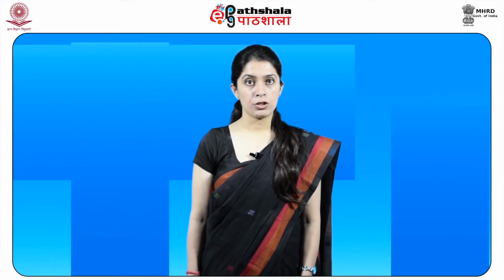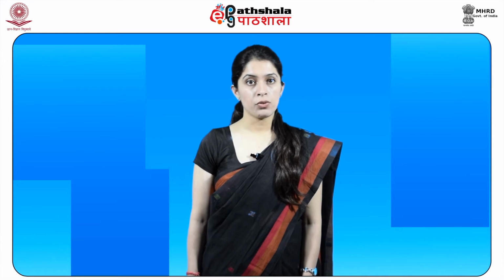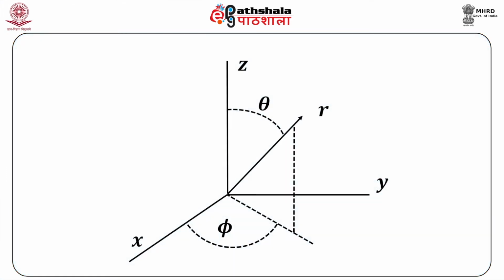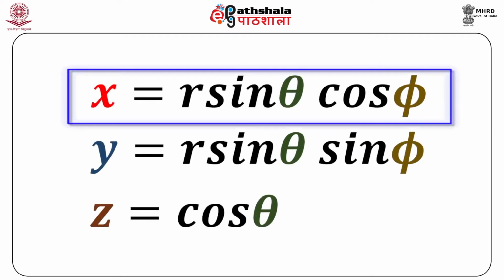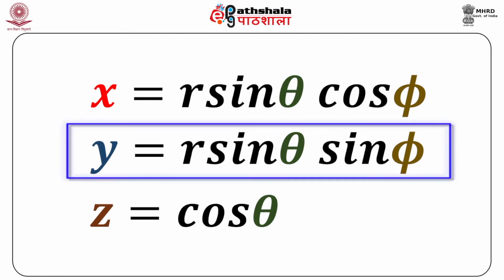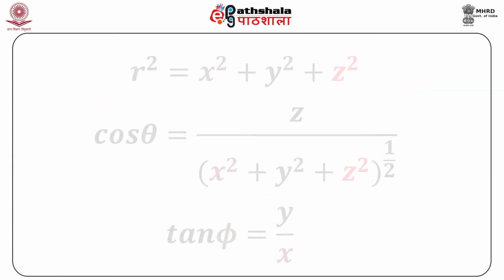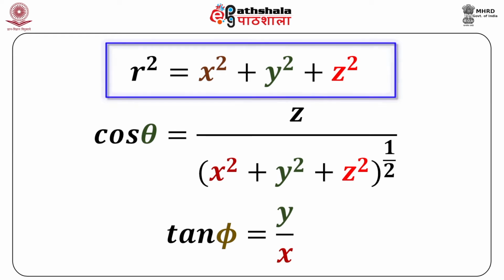Therefore, before deriving the eigenfunctions of angular momentum operator, we will first transform the Cartesian coordinates of angular momentum into spherical polar coordinates. The transformation of Cartesian coordinates to spherical polar coordinates is shown in the figure. Over here, x becomes r sin theta cos phi, y becomes r sin theta sin phi, z becomes r cos theta, and r square becomes equal to x square plus y square plus z square.